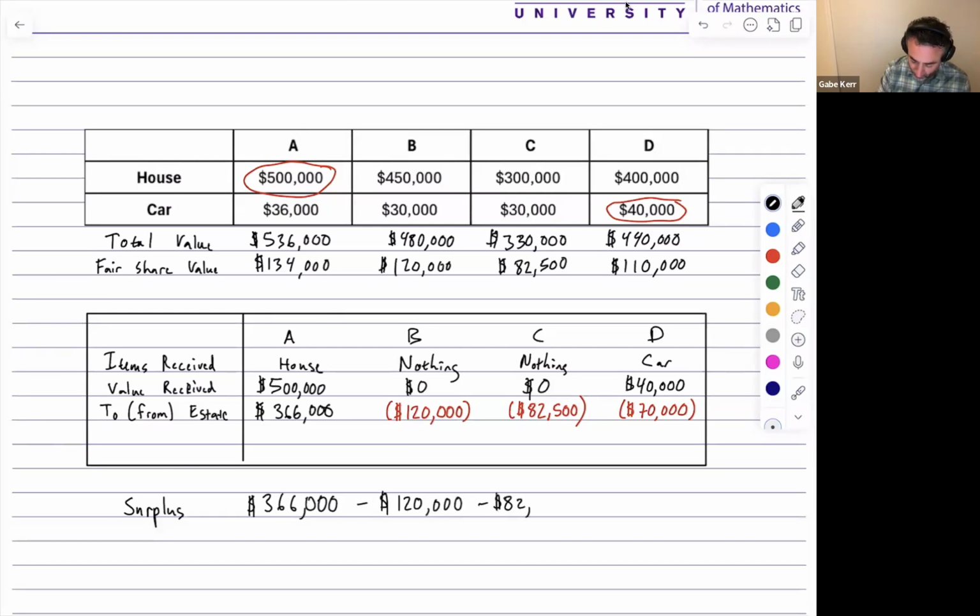And when we do this, whether through a calculator or just arithmetic by hand, we'll see that there's a certain amount of money, which is $93,500. This is the surplus, and it will always be positive, or at least not negative, pardon me. It could be zero, but it will always be greater than or equal to zero.